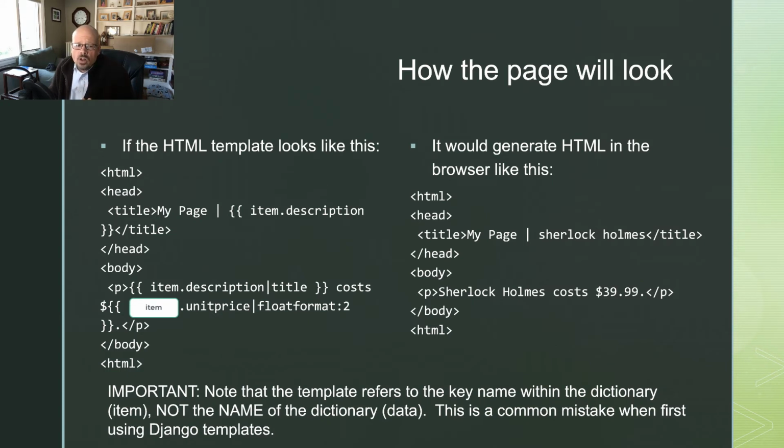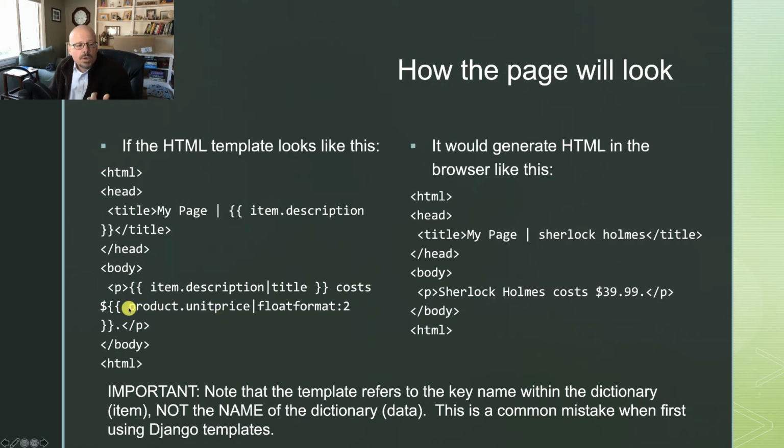We can access all of that information now by simply using the item object. So item.description will generate the description of the item that has an ID of 1. Item.description with a bar here and title is something that is provided in the Django template language. I'll talk about that in just a second. But you'll notice that the variables here will all be printed out.